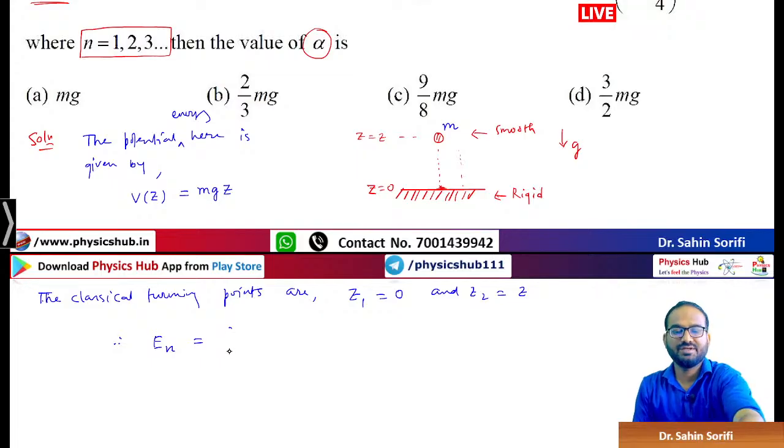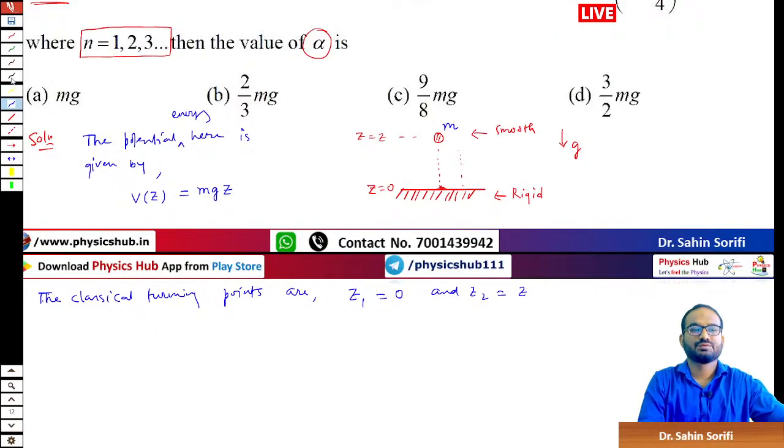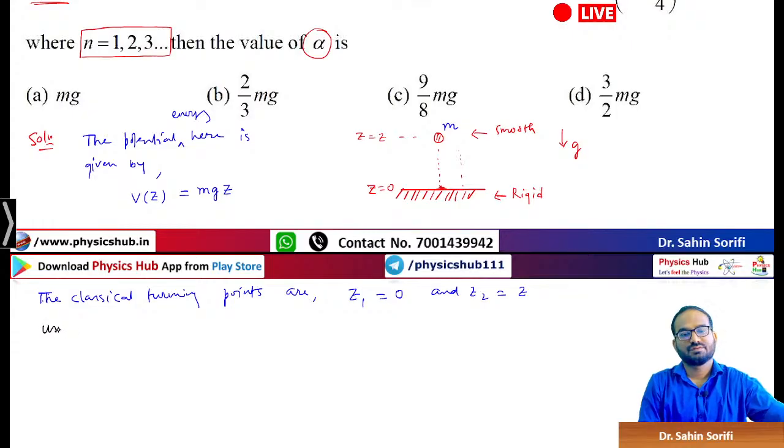We need to calculate En, so we will calculate En. Now using the WKB approximation, what do we get?